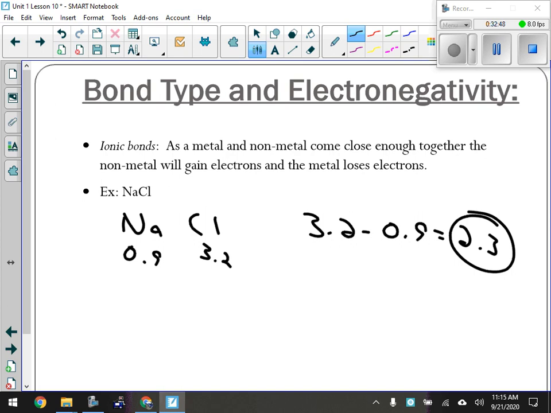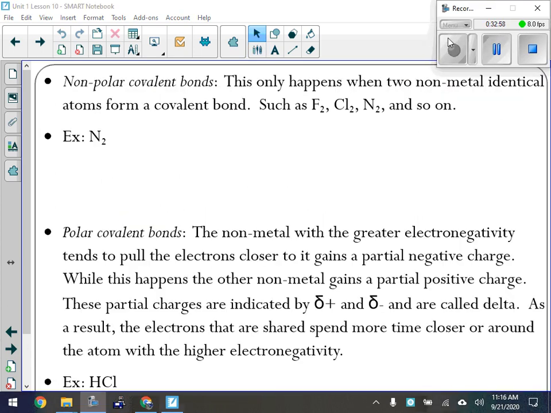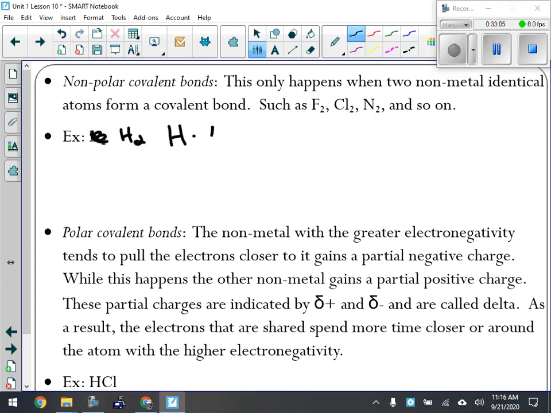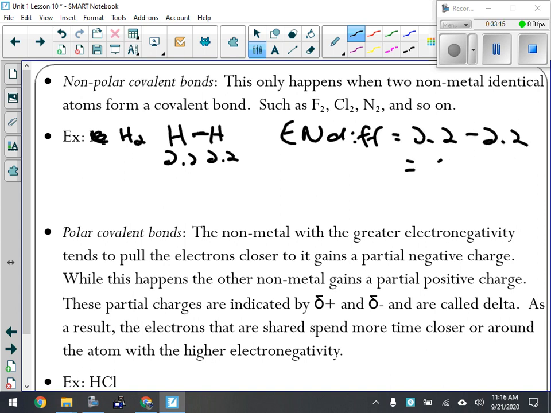Okay. If we go back to this example, now, if we're looking at hydrogen, we did this, 2.2, 2.2. The difference here is 0.